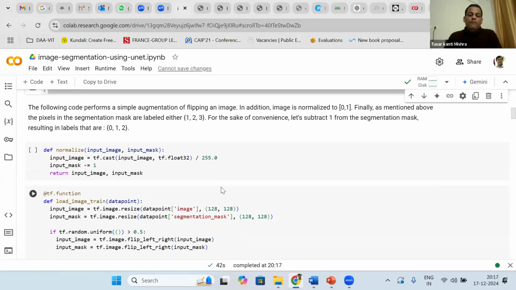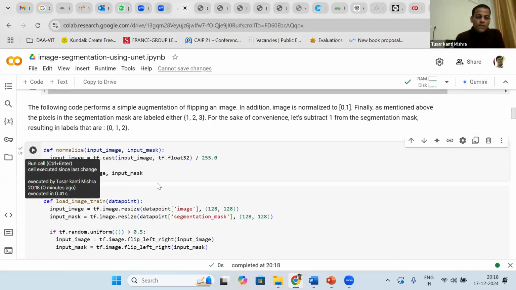Now first some pre-processing needs to be done. So first pre-processing, like a simple augmentation of flipping of image and normalizing the images, we need to carry on. So for that, a four-liner code we need to run here. It is done.